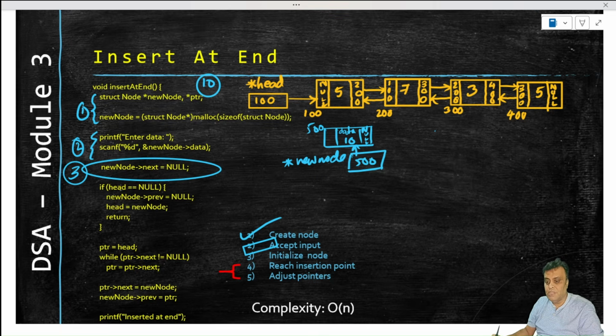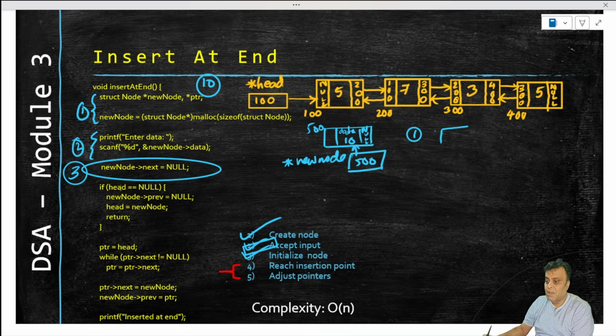Next we have the reach insertion point and adjust pointers. Now here we will have to do it in 2 steps, because if we are talking of insertion at end, there are two cases basically that can happen. First case is my head is null.